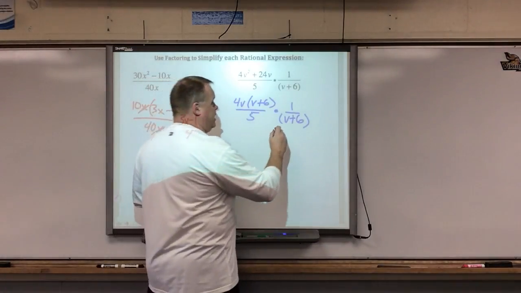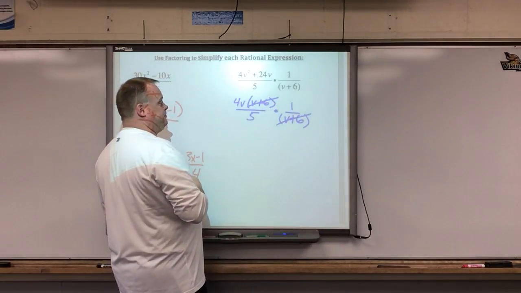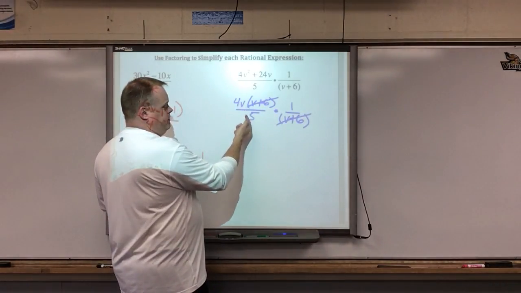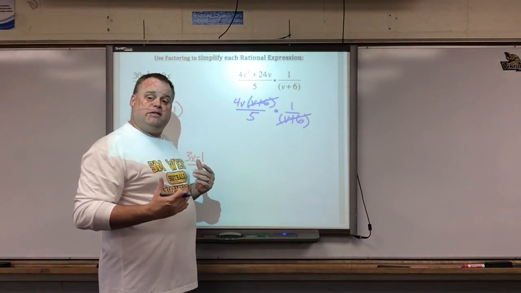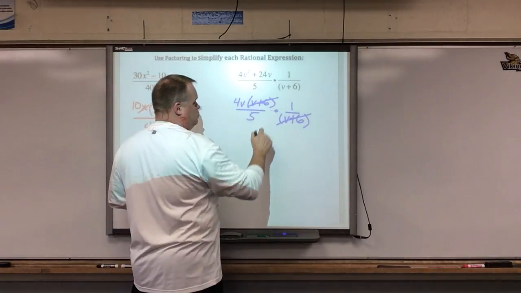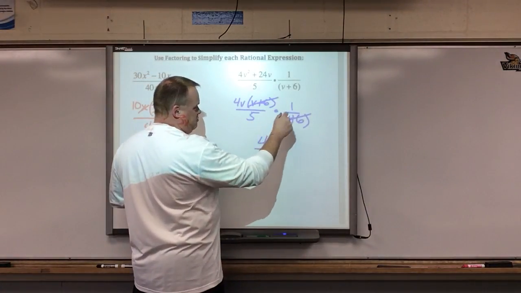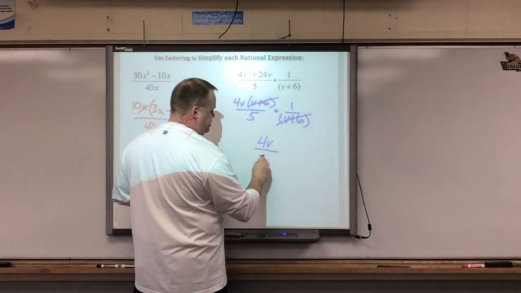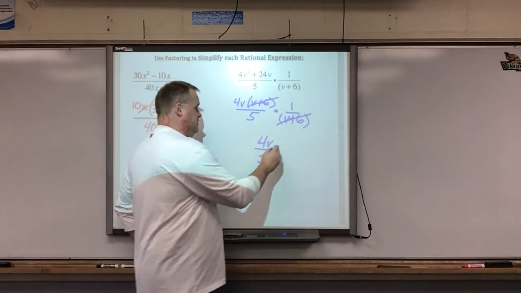So I know that I can cross eliminate, so these are going to eliminate each other. I can't really go 4 into 5. There are no other v's, there's just 1. So what do I have left? Well, 4v times 1 is just 4v. And the only thing left on the bottom, really, this is 1, so I'm left with just a 5. So my final answer is 4v over 5.